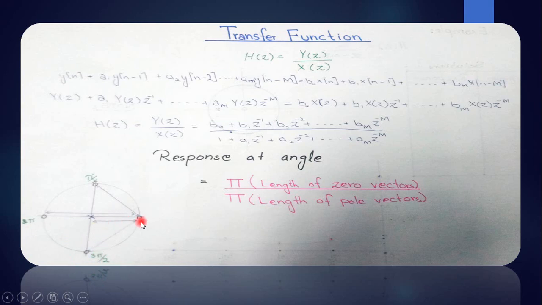From this point to this point is the length of a pole vector, and if we are finding the response at 0 angle, the distance from this zero to this point is a zero vector. So in this case there are 3 zero vectors, 1, 2 and 3, and one pole vector.